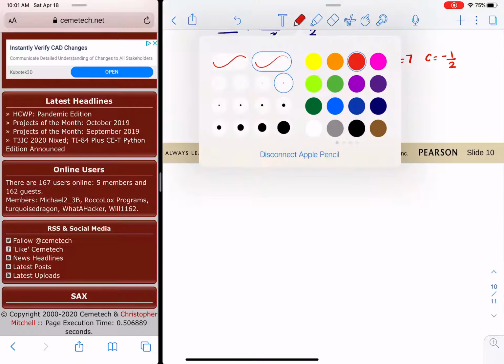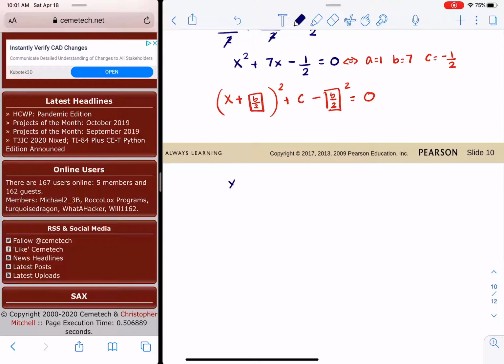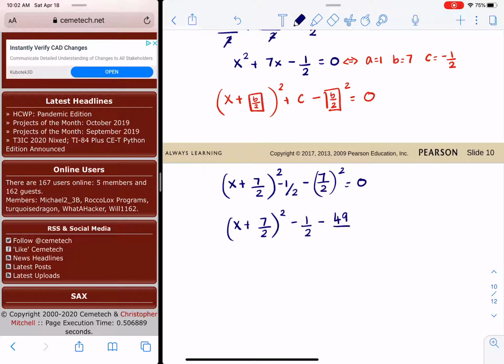So we will have x plus b is 7, so 7 over 2 squared. c is negative 1 over 2 minus 7 over 2 squared equals 0. So x plus 7 over 2 squared minus 1 over 2 minus 49 over 4 would equal 0.